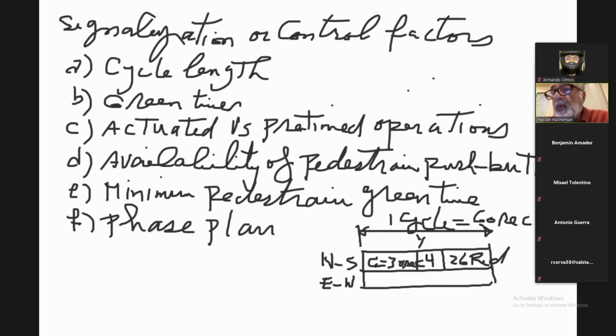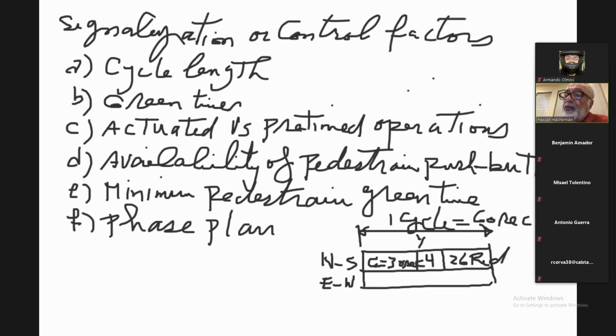On smaller intersections, you might have a 50-second or 60-second cycle. But when you have a very large intersection, you might have even up to about 180 seconds of cycle time, because you will have so many phases.